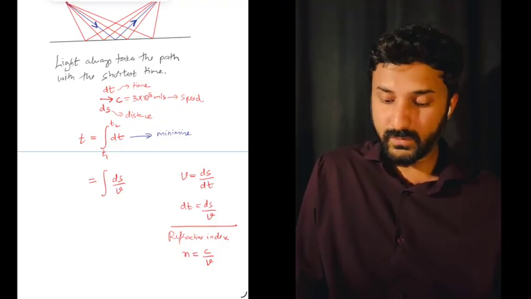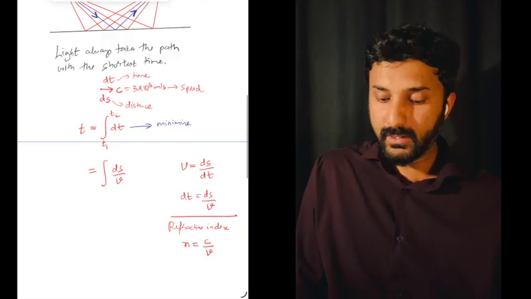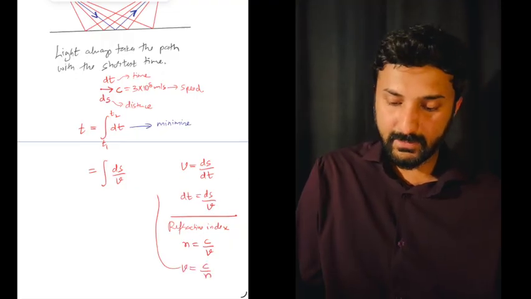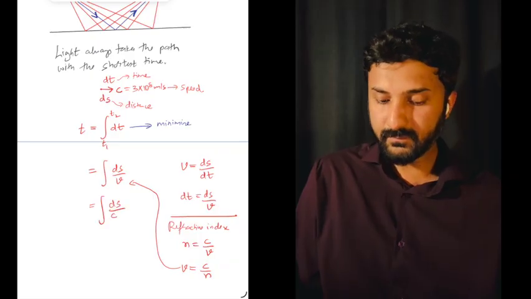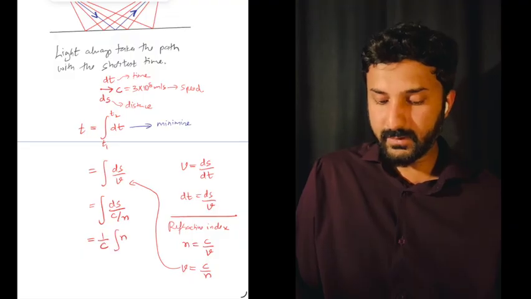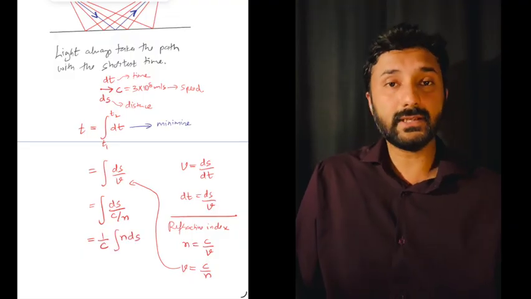And so v can therefore be written as c by n. So let us replace that here, and what we end up with is c by n, or since c is anyway a constant, we have the integral of n times ds.